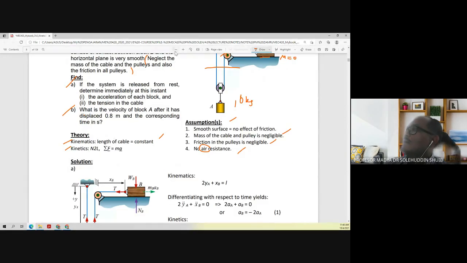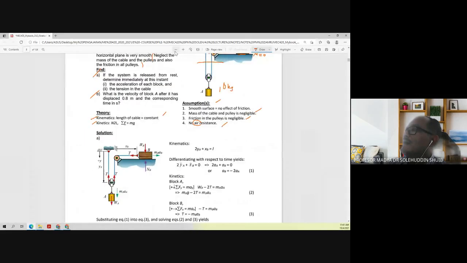I want to make this smaller. Okay, look at the diagram. We draw the datum here.